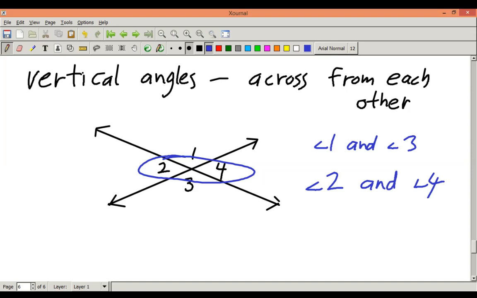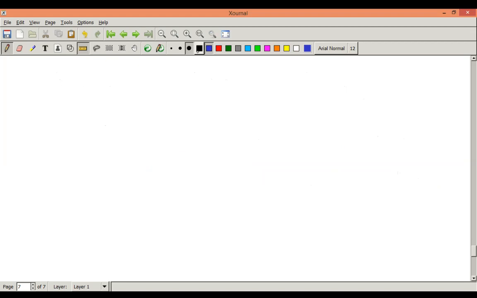Okay, so for my last example, and then that'll wrap up the notes, I'll draw another pair of intersecting lines and we'll find the vertical angles. Okay, let's say that we have these 2, I don't know the example number we're on, maybe 5 or 6, doesn't matter.